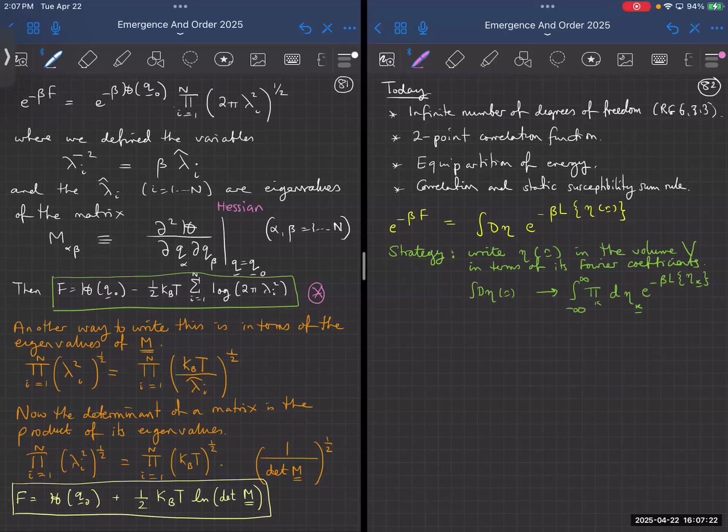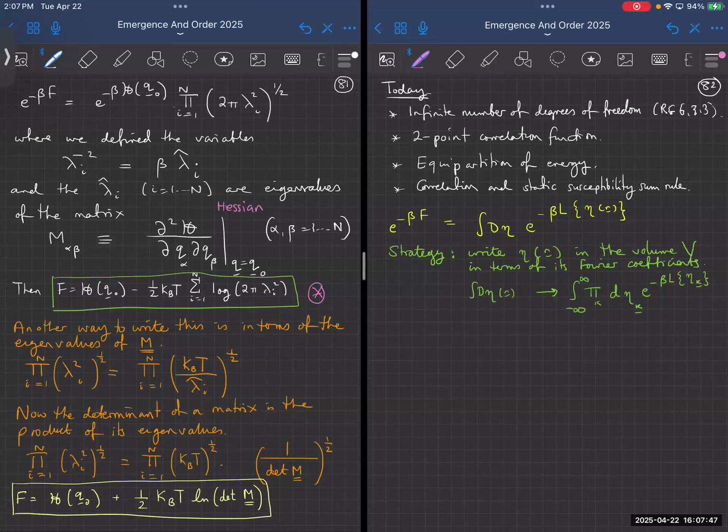So when we have an infinite number of degrees of freedom, we have our Landau free energy, which is written down here in yellow, and we have to do an integral now over all possible functions, eta. The way we're going to do it is we're going to say, let's suppose I've got the volume V. Then I can write eta in terms of its Fourier components, eta k.